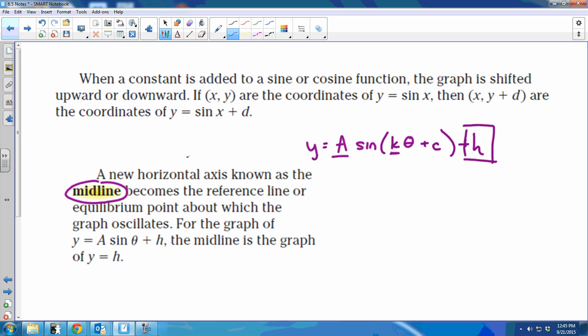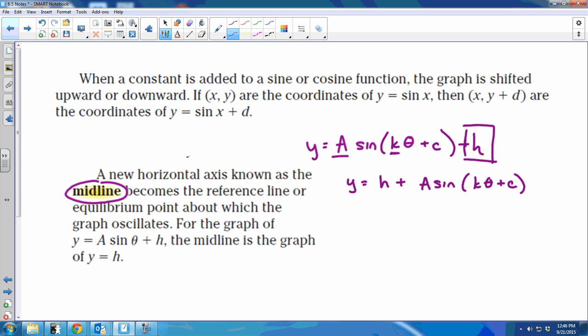But then we have h. Notice it's being added out to the side. A is being multiplied by sine, right? H is being added. So it could also be in this form. H is still out front, still being added. So vertical shift is something that's being added or subtracted from the rest of the equation.